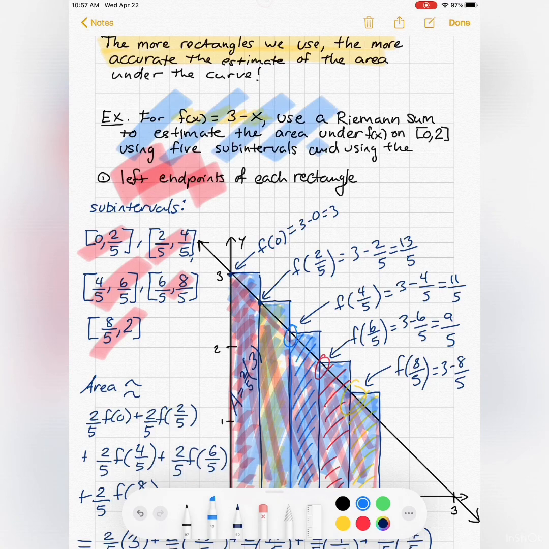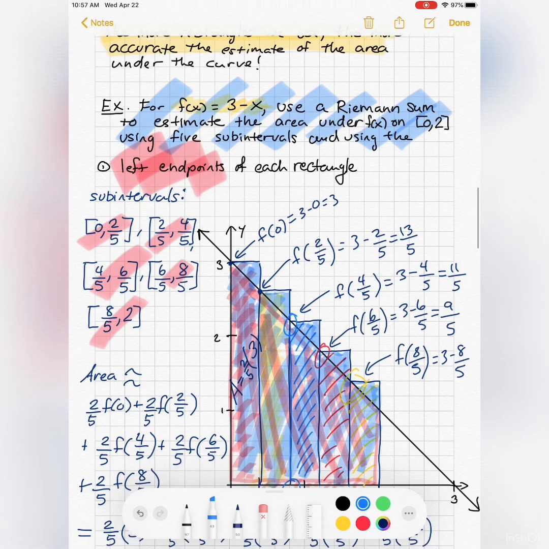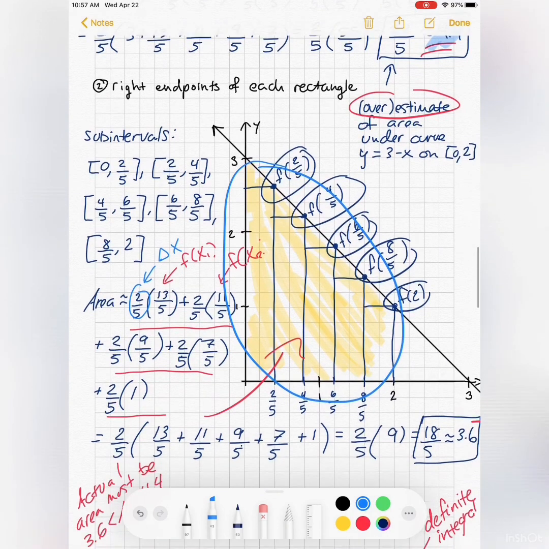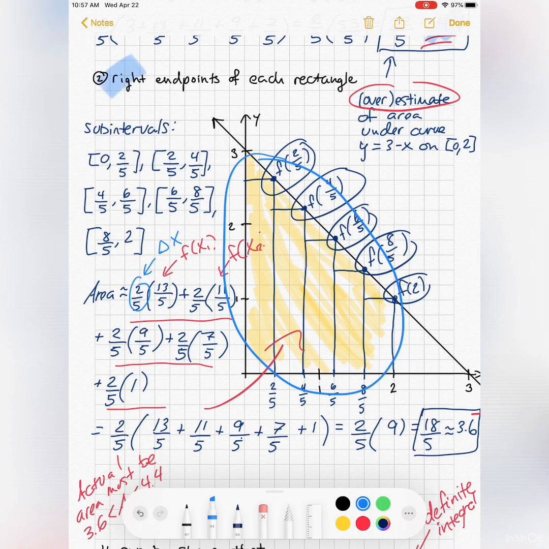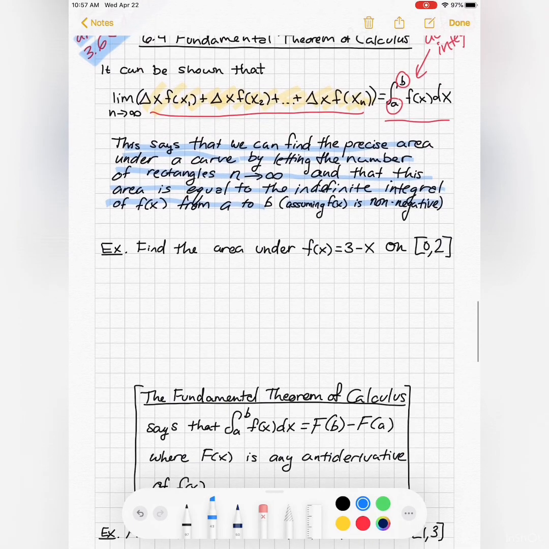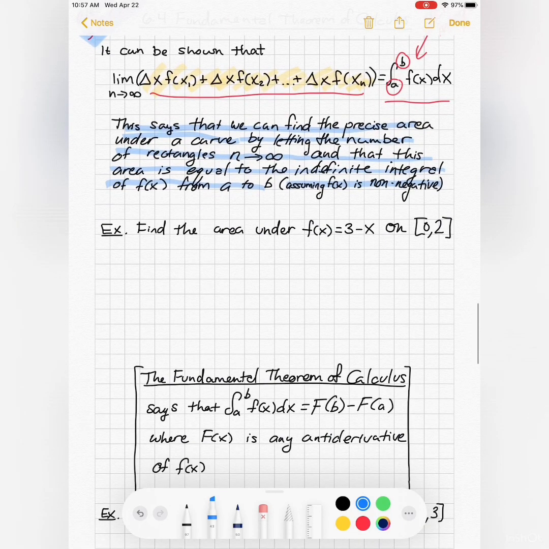And we said, for that function, we estimated the area using the left endpoints. We got about 4.4. Then we estimated that area using the right endpoints. Got about 3.6. And so we said, all right, that must mean the actual area would be somewhere in between 3.6 and 4.4.